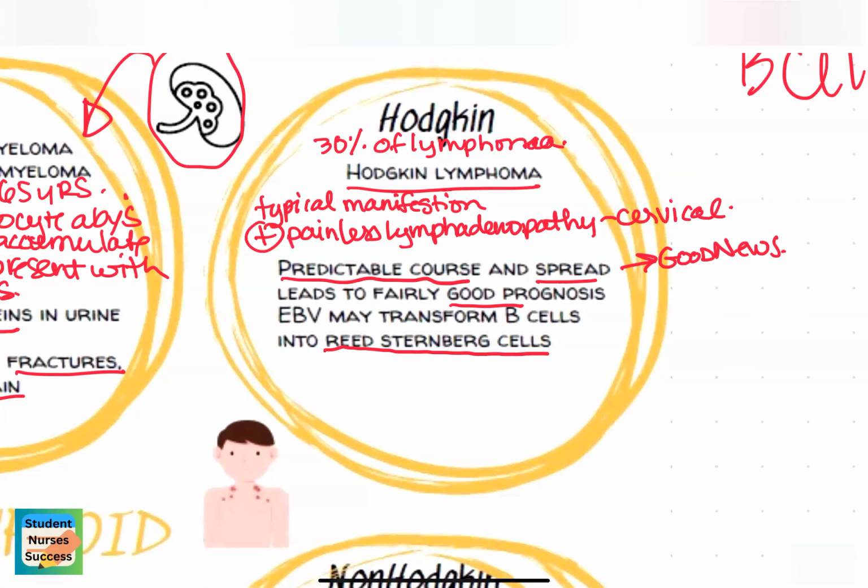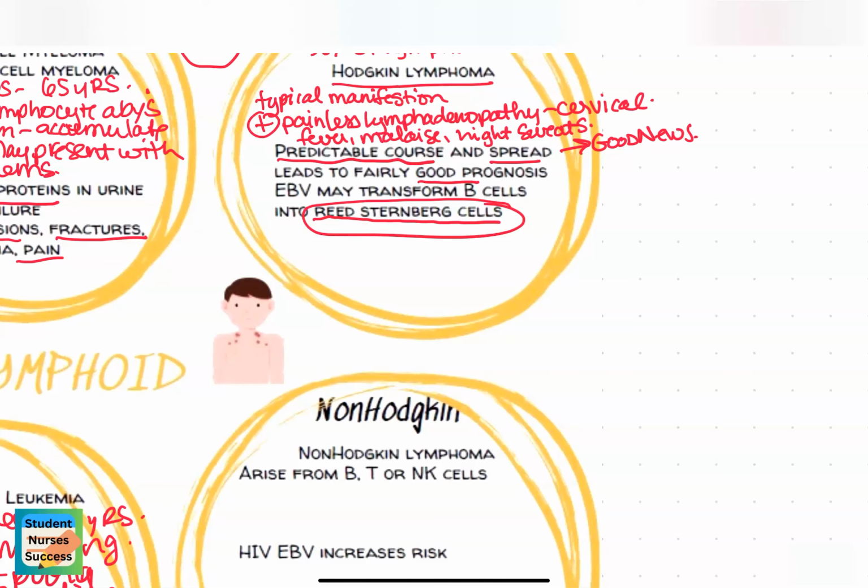You might have maybe some fever, malaise, and even some night sweats. They'll go ahead and biopsy that lymph node, find those Reed-Sternberg cells, and hopefully you'll have a great outcome. And so this guy right here, these are those cervical lymph nodes to help you kind of remember.